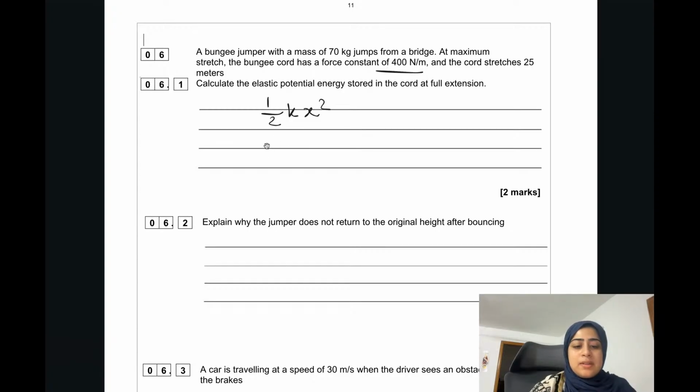Force constant is that, so a half times 400, and the extension is 25, so a half times 400 times 25 squared, that is 125,000 joules.